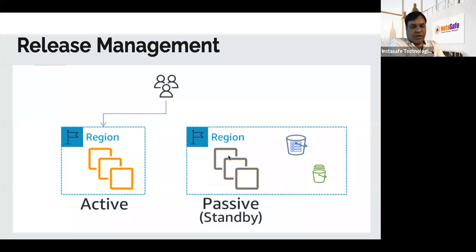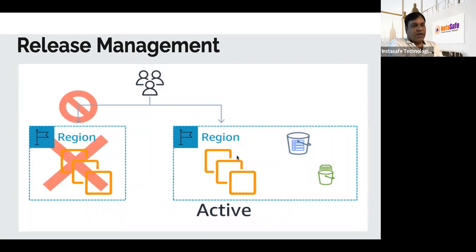Once you are sure that everything works fine after the deployment, you can move your traffic to the new deployment site on the right hand side and disconnect it from the left hand side where you have your old piece of code.